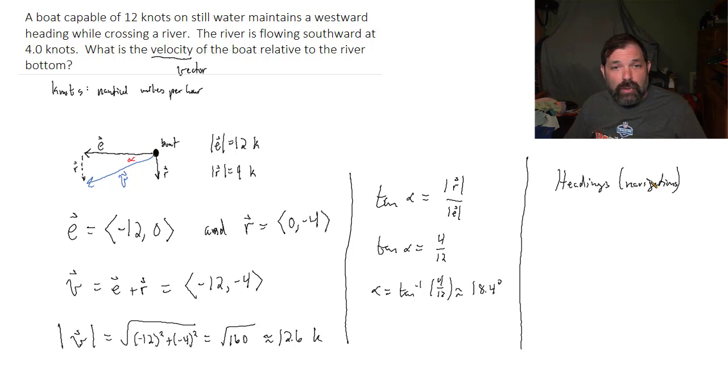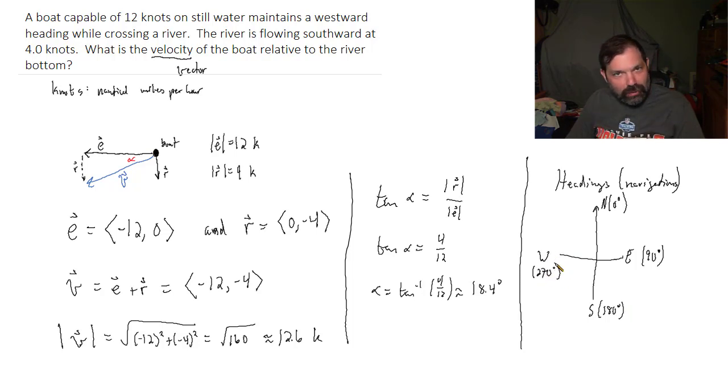Airplanes use a similar idea of a heading, and for headings, we think of due north as being 0 degrees, and we go clockwise. So due east is 90 degrees, due south is 180 degrees, and due west is 270 degrees. So a little different than our traditional thought.